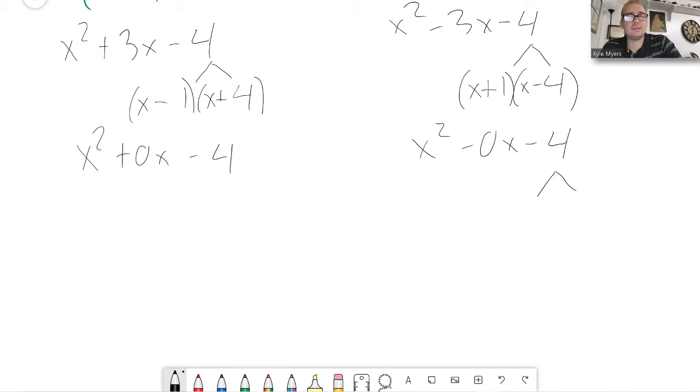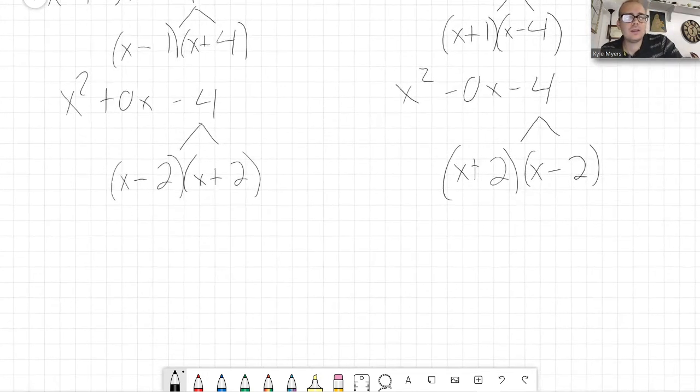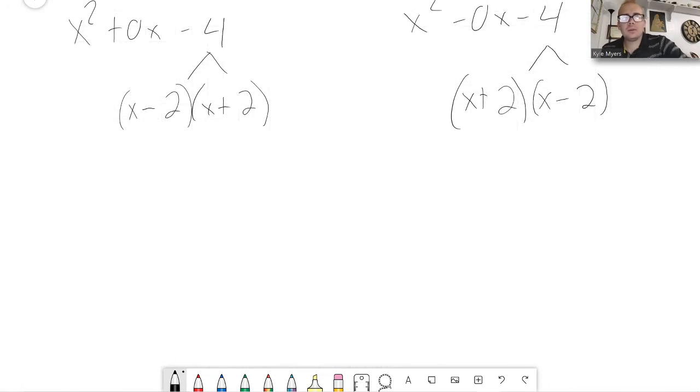So I need a negative x. So 2 and 2. This one's also 2 and 2. So you get the same thing, because we are trying to add or subtract to get 0. And we get that thing. So we're done with that.